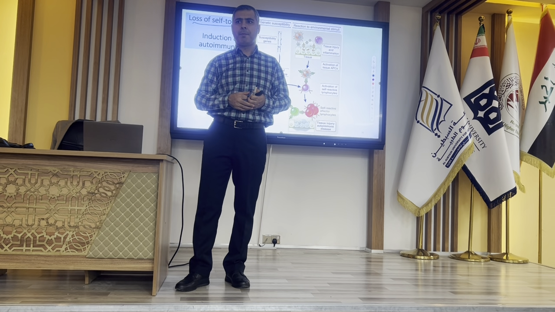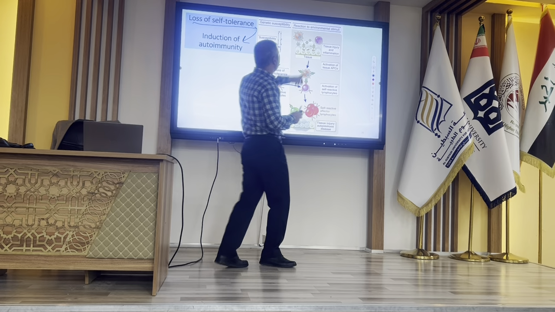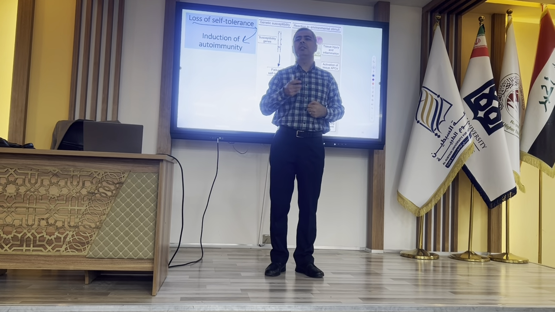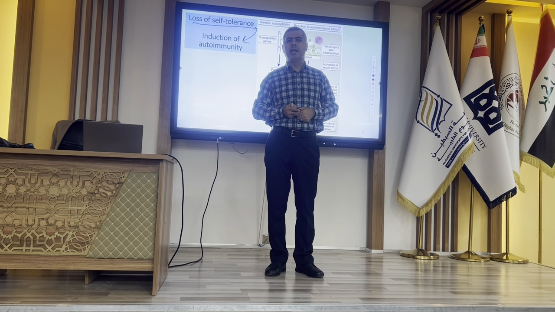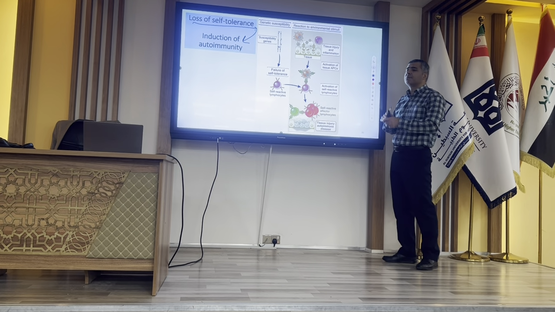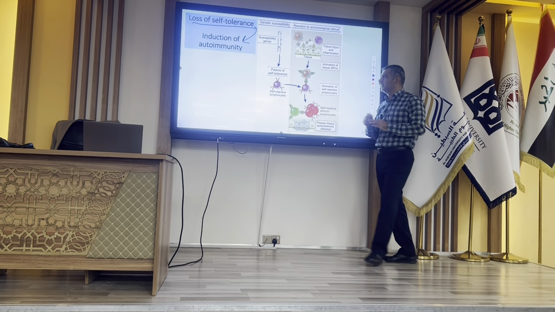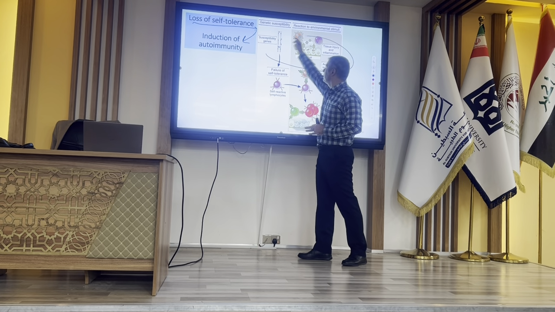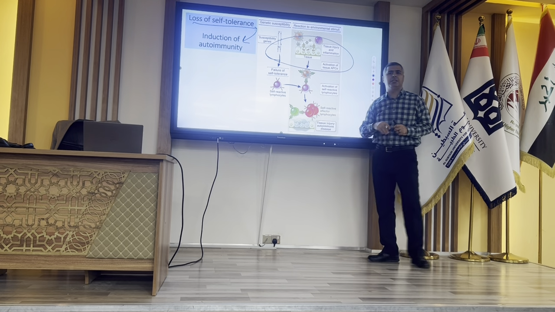So environmental factors can induce changes in our self-antigens, and those changes can activate an immune response. And in most autoimmune diseases, we have involvement of both environmental and genetic factors in the induction of autoimmunity.